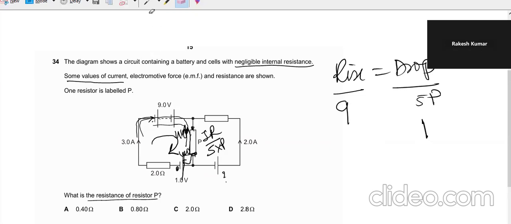Then it goes through this, it goes to the resistor. Again, but this time it's only 3 amps. 5 amps were here, 2 went away. So 3 is going here. And the energy lost in this part is again a drop, 3 into 2.